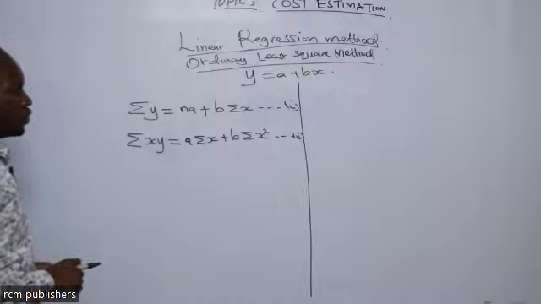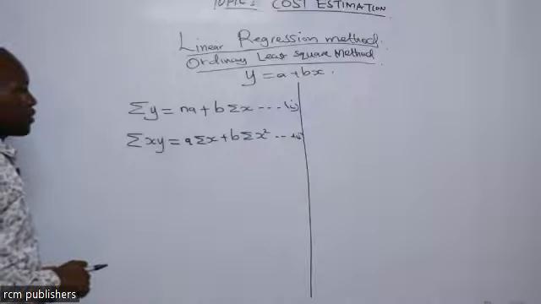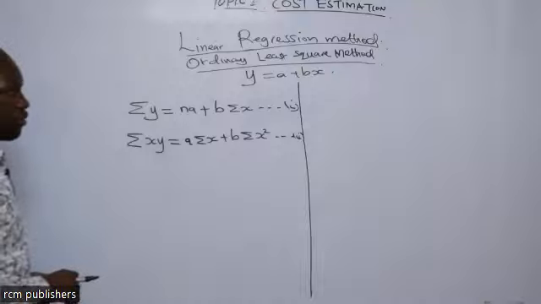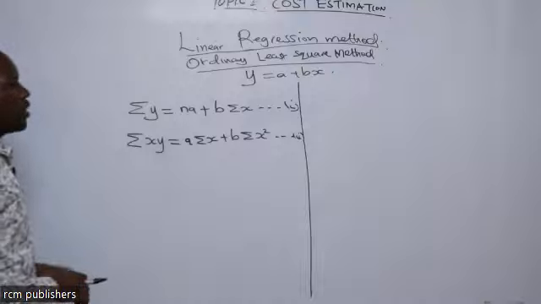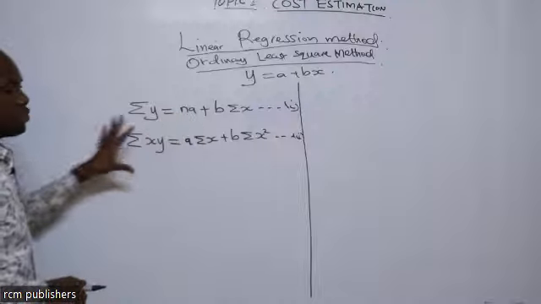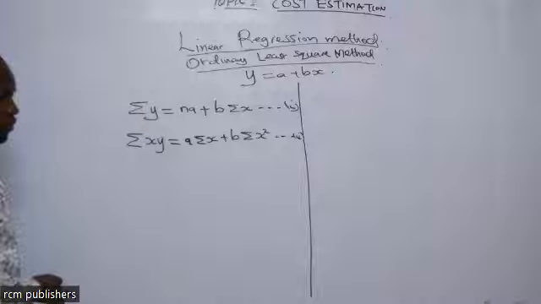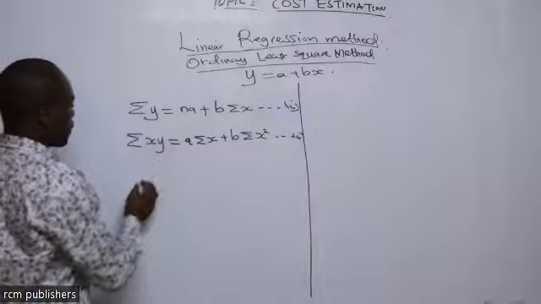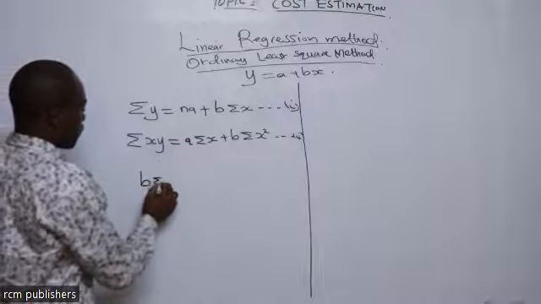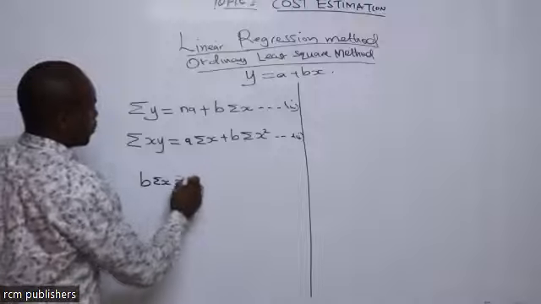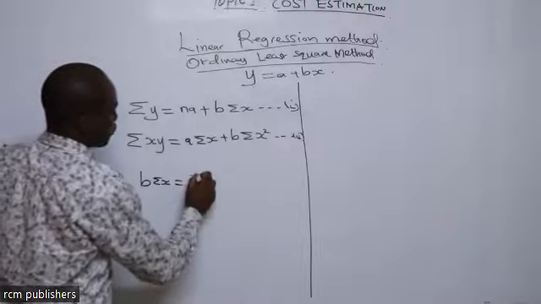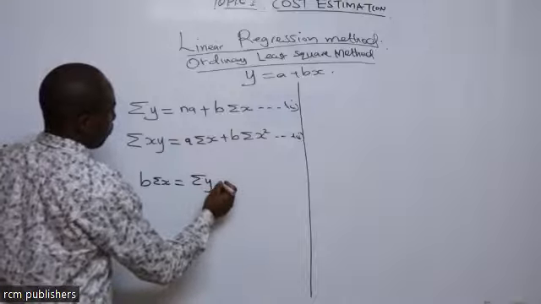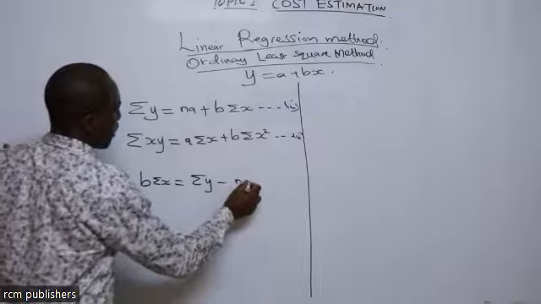So what are we going to do? Let's move first to get the value of B. How do we get B? Let's make B the subject of the formula in both cases. So our B: here we are going to say B summation of X is equal to summation of Y minus NA.